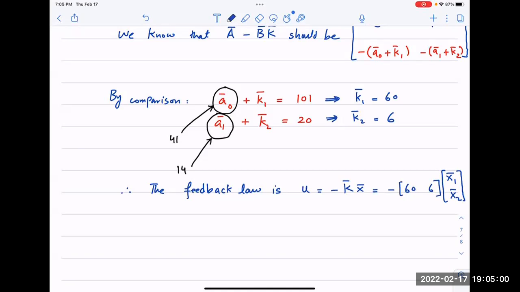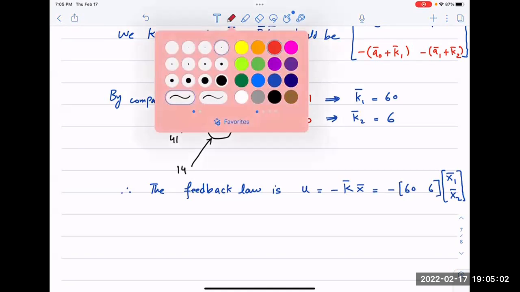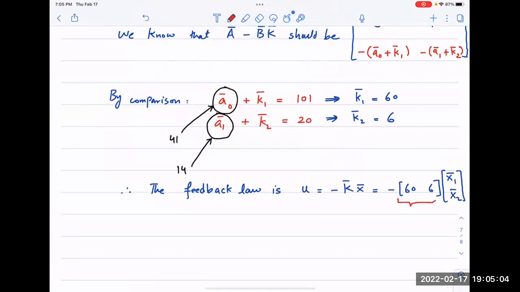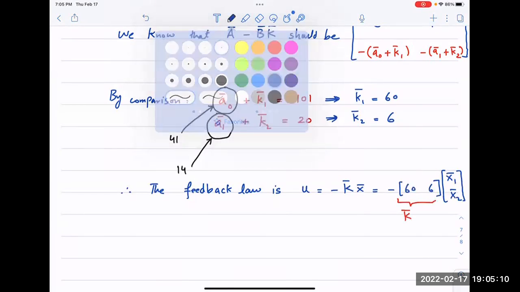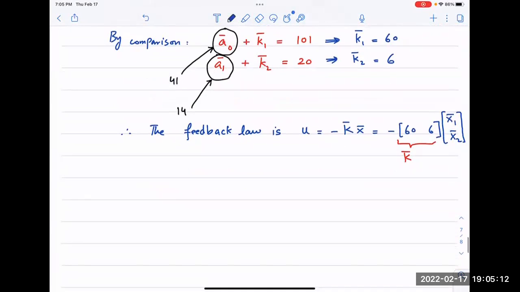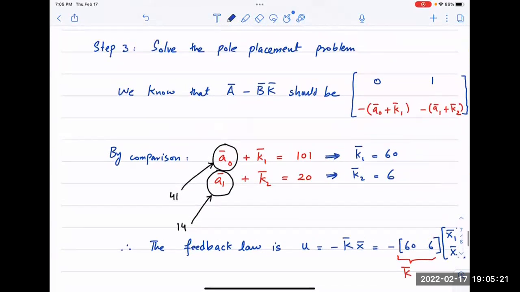Okay, so we have found K bar. Now, the last step is to go back into the original coordinates, which is x. Because we were solving this in canonical form, which makes it very easy, you just need to figure out the last row, only K1, K2. The rest of the matrix you don't really care about.